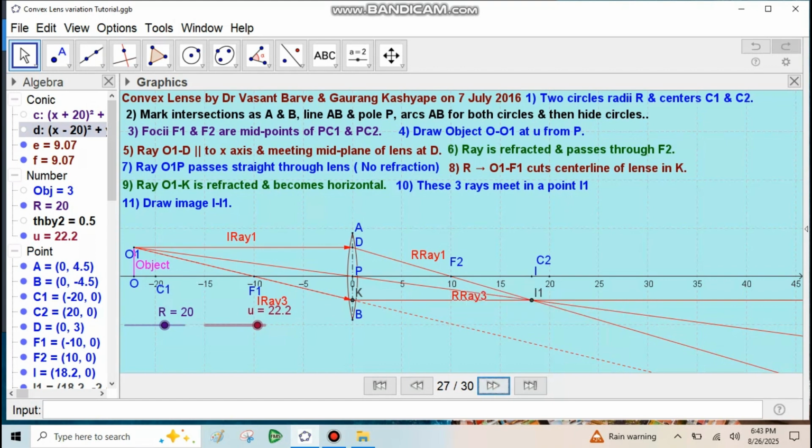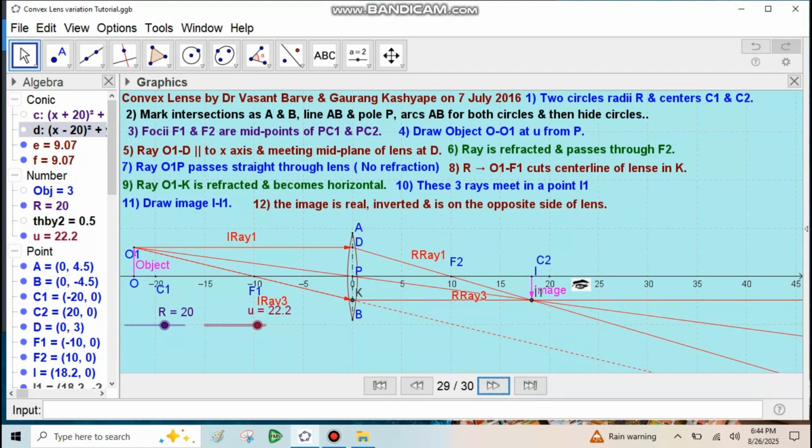So these two meet here, and the third ray also meets here. So this is going to be our image. Right. The image is real and inverted and is on the opposite side of the lens. So to see this image, you have to see it from here. Okay. So here you can see this particular image.